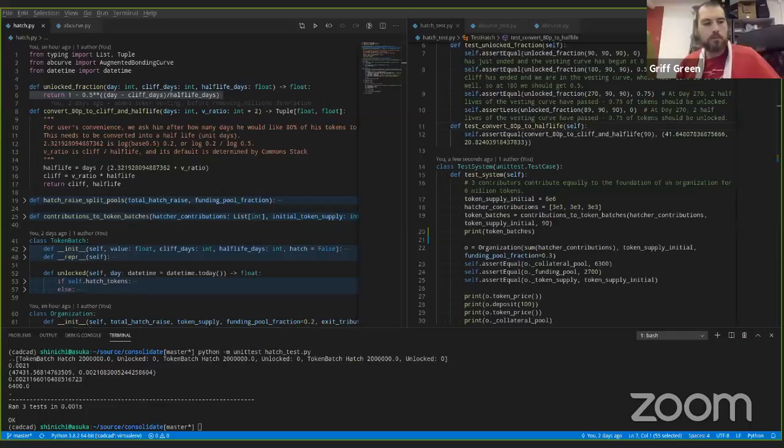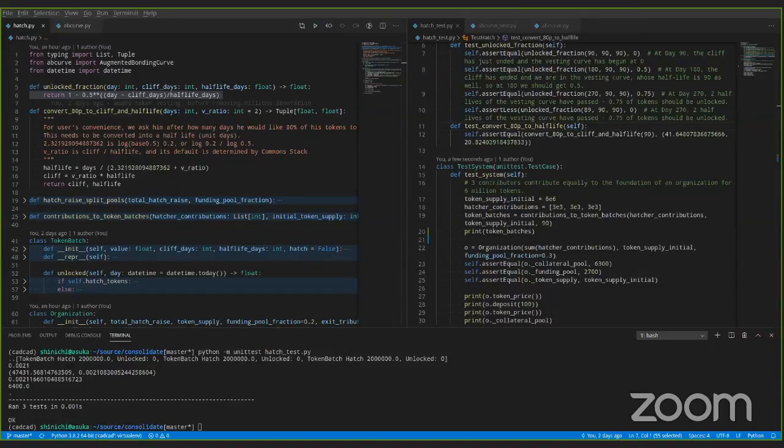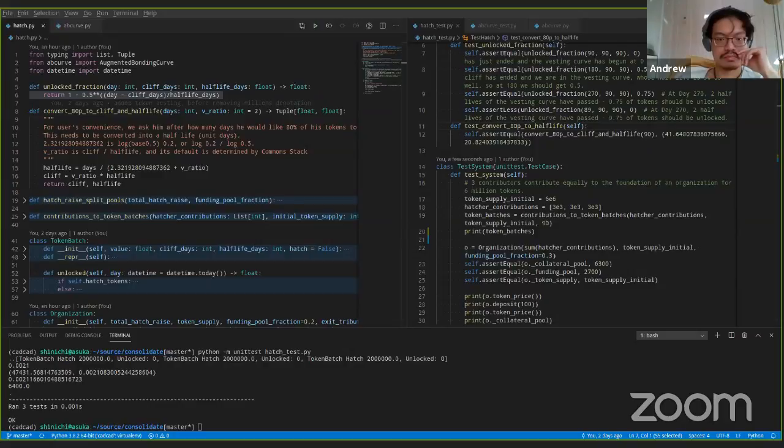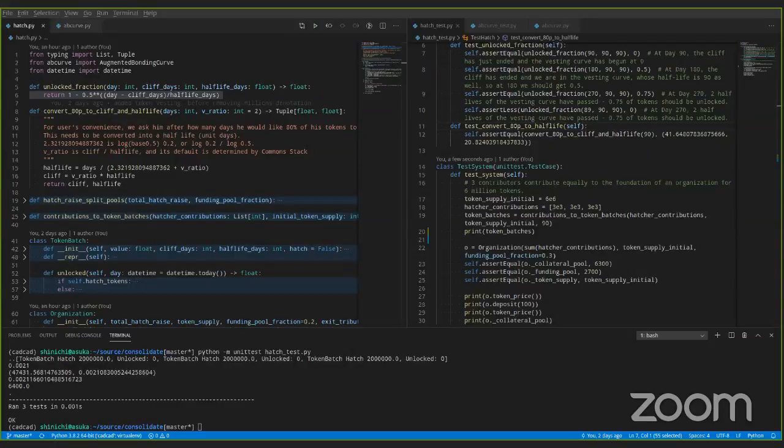It's more about having aligned vocabulary, and some consistency, because we already have a lot of concepts, and there's some old code that uses the previous concepts, and then it is very difficult to correlate, because sometimes it's exit tribute, sometimes it's exit tax, and sometimes it's just theta or another Greek word.